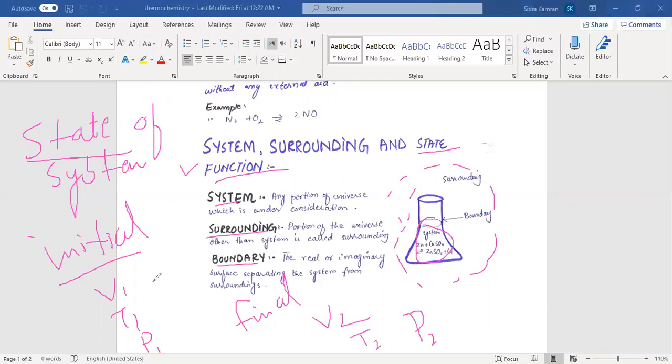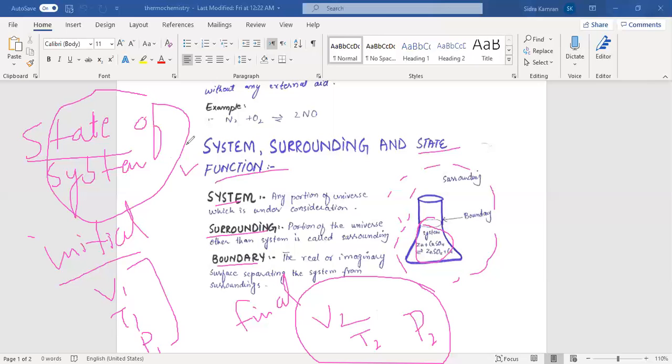The variables of the system initially and finally, at the end of the reaction, are the state of the system.